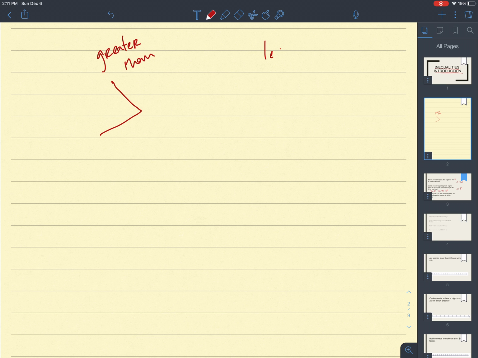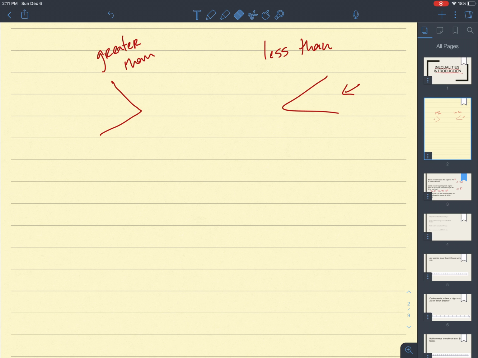And then this is our less than symbol. And what this does is it compares two numbers. So it says whichever side, the bigger side of the inequality, is facing, that number is larger.